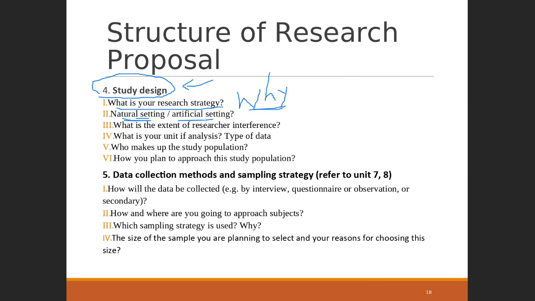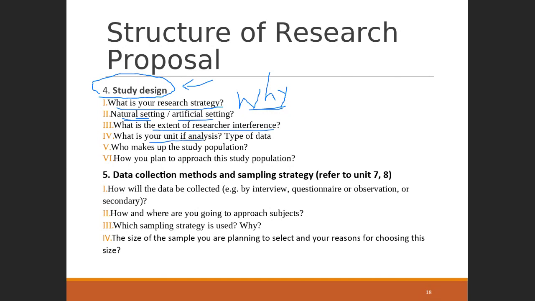What is the extent of your interference in the study settings? Are you going with minimum interference, which means doing research in the natural setting, or are you going with maximum interference or medium interference, which implies artificial setting or experimental research design? What is your unit of analysis?